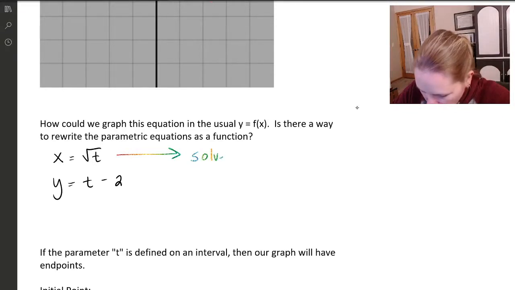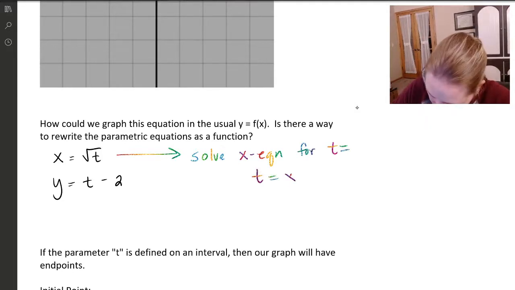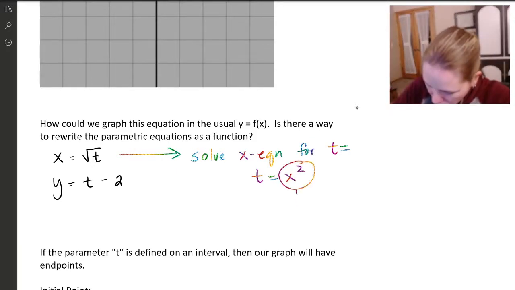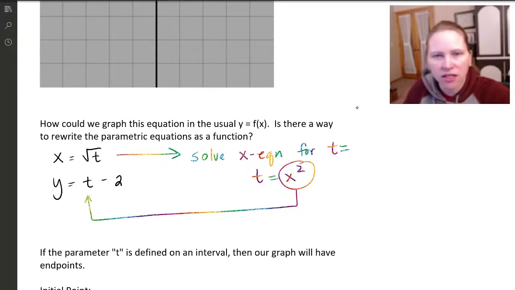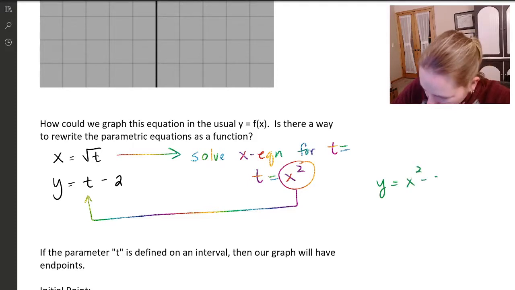So t equals x squared. Once I know what t is, I simply take what I found and replace the t with the x squared. So I end up getting this equation, y equals x squared minus 2.